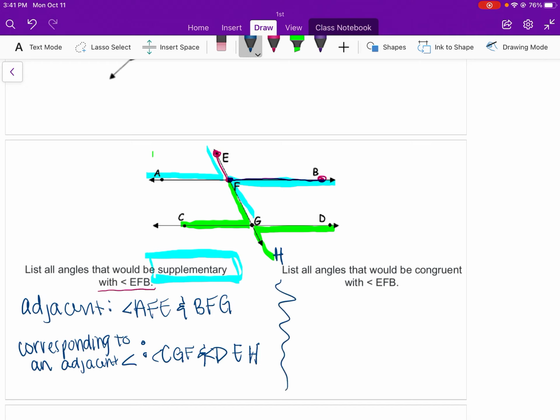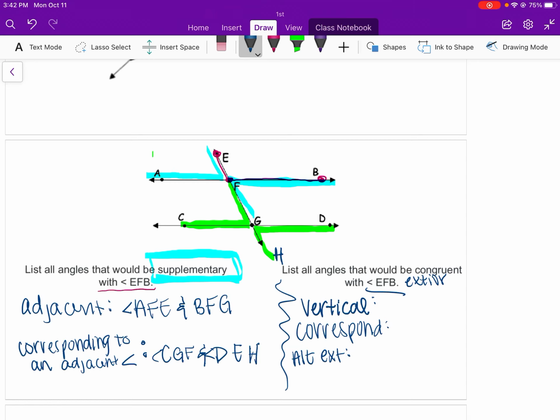Okay. Now, congruent angles are going to be a vertical angle to our original one, a corresponding angle, and then since this angle is exterior, also congruent is going to be alternate exterior.